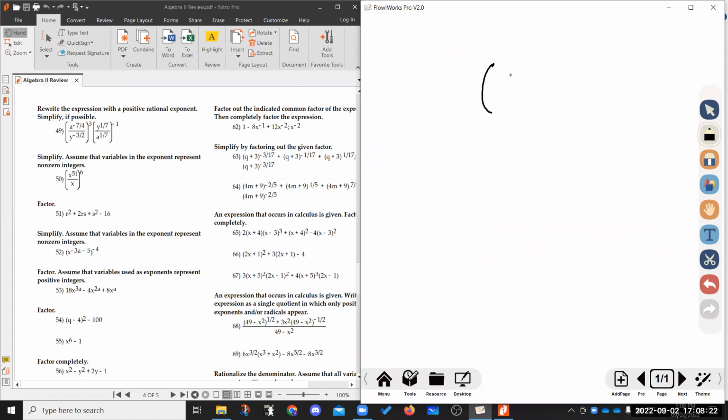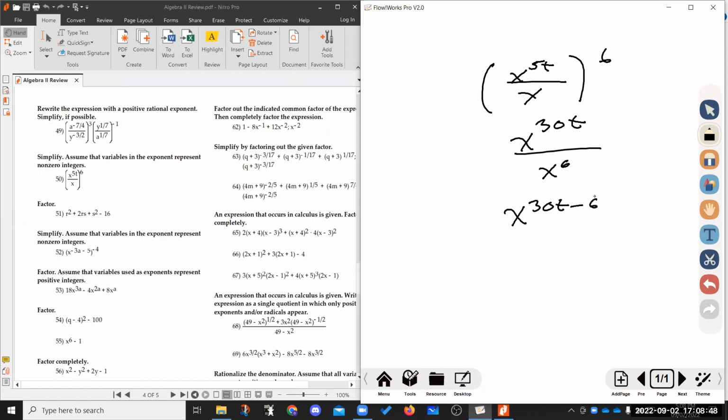We have x to the 5t over x, and that's all going to be raised to the 6th power. We want to simplify this. So it's going to be x to the 30t over x to the 6th. We can write that as x to the 30t minus 6.